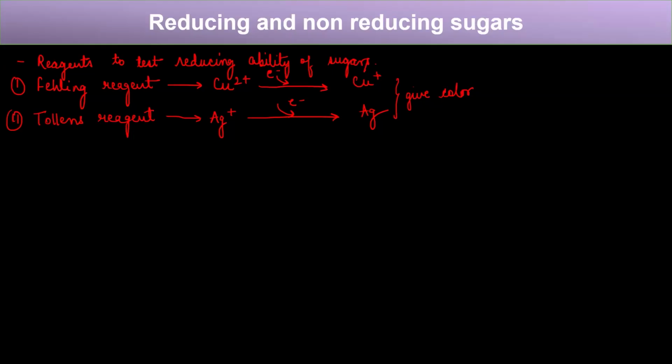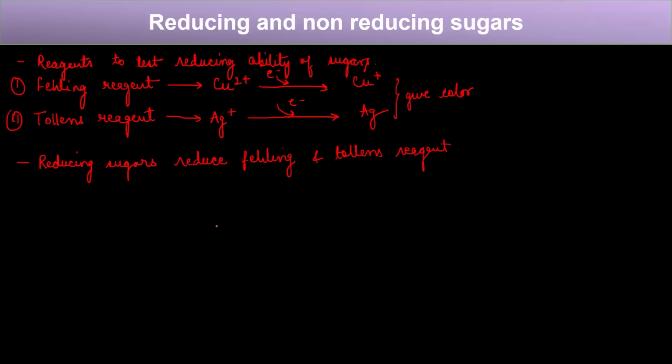Now, what do reducing sugars do? Definitely, they will reduce these reagents. They reduce Fehling and Tollens reagent, which means reducing sugars will convert the cupric ion and silver ion into cuprous and silver, right?